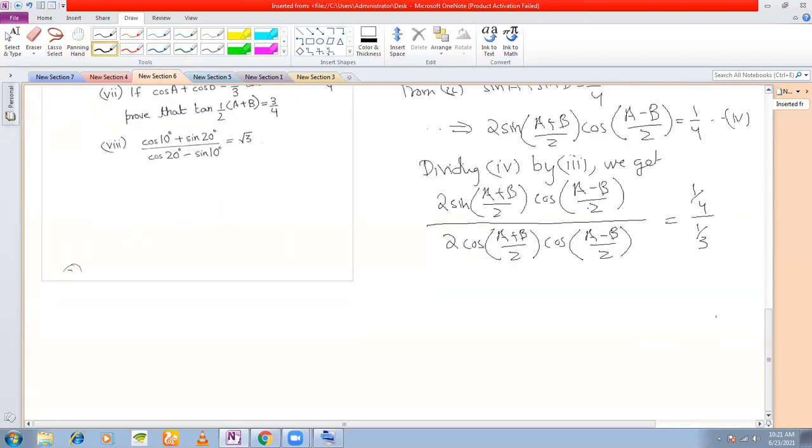So why have we divided? We divided so that this cancels out, and this 2 will obviously cancel. Sin (A plus B)/2 divided by cos (A plus B)/2 will give you tan (A plus B)/2 is equal to 3/4. And that's your proof.